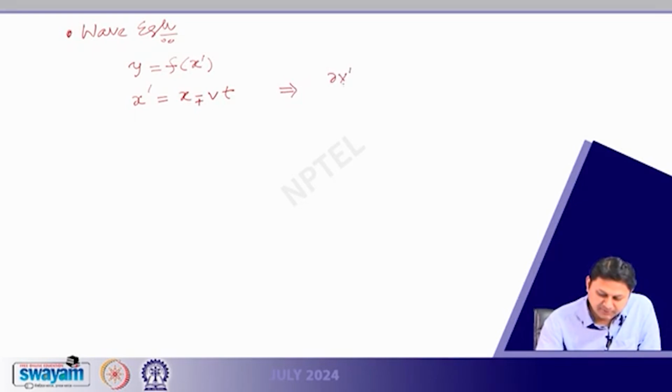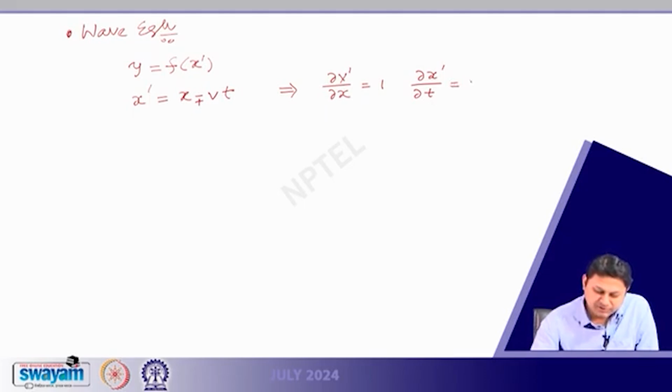If I take the partial derivative with respect to x of this parameter x prime, we are going to get 1, and if we take the derivative with respect to t, then we are going to get plus or minus v.